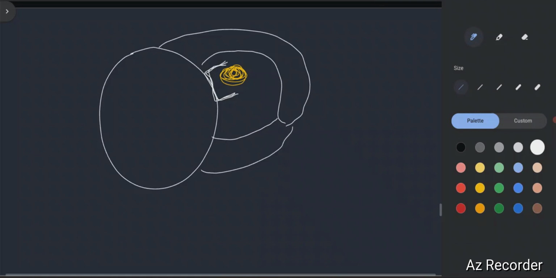And then finally this thing detaches from here, and now you will have something like this.